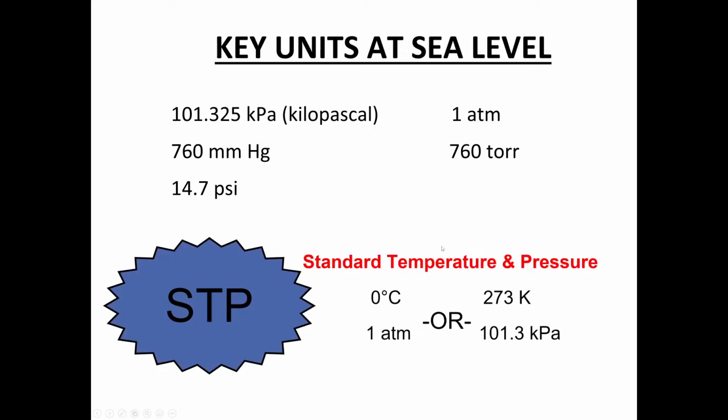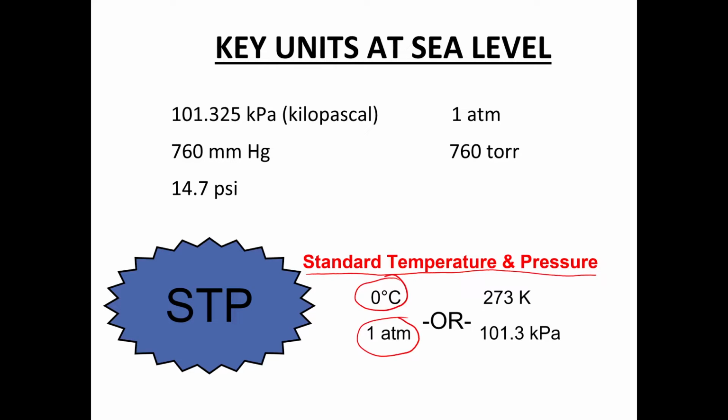All right, so again, these are the units of pressure. And the only thing I want to talk about here is STP. STP is standard temperature and pressure. And anytime you see STP, what you need to know is that they're talking about 0 degrees Celsius and 1 atm for your pressure.